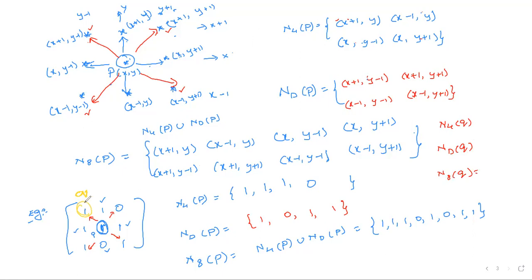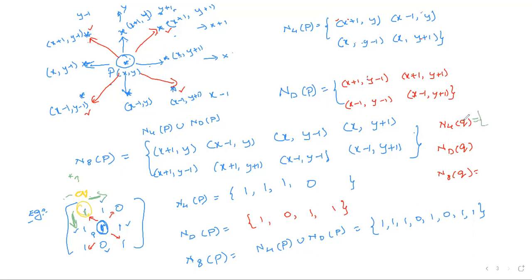For this Q, the horizontal and vertical pixels are: this is one, this is one. There is no other direction pixels because this is available at the edge.